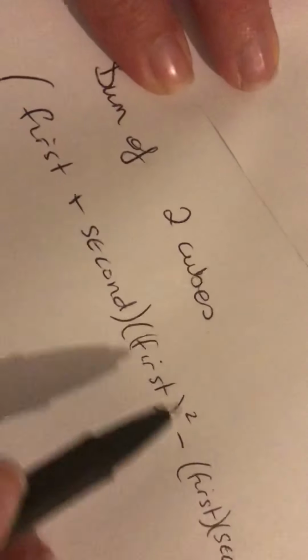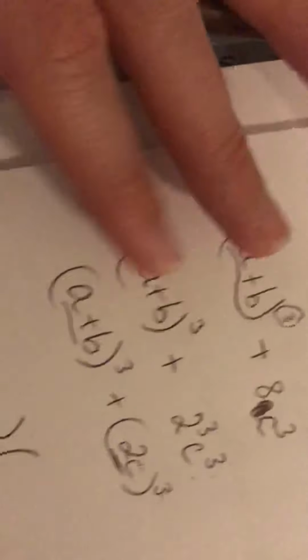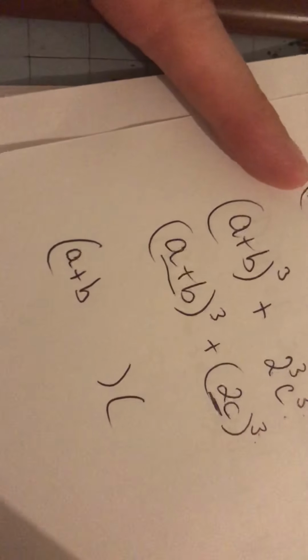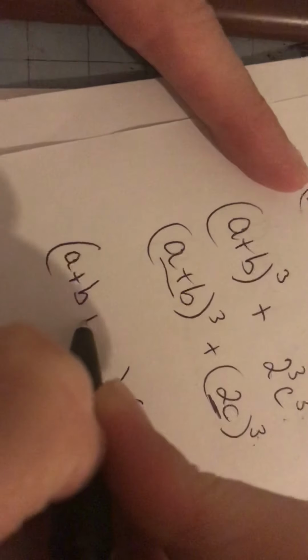Well, this time the second bracket's a bit longer because it's the sum of two cubes. So it's the first plus the second. It's the first squared minus the first times the second plus the second squared. Okay, so now it's all rewritten, ready to go. First plus the second.